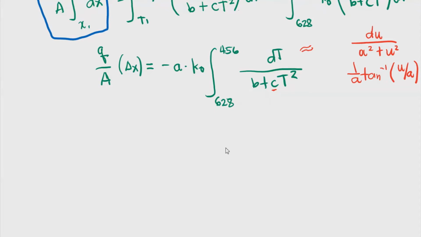So if factor out natin yung c sa labas, so magiging c. And then, of course, this becomes b over c, para in case ma-multiply siya dito, matitira na lang is yung b. And then plus t squared. Okay? And then this one is dt.